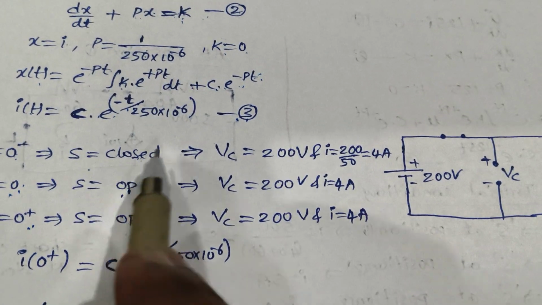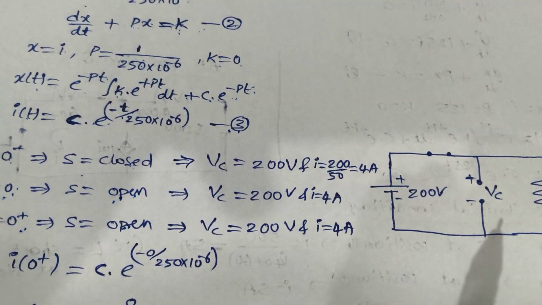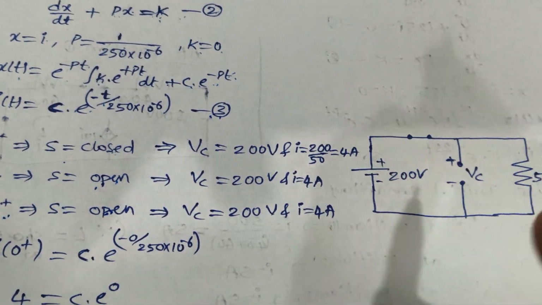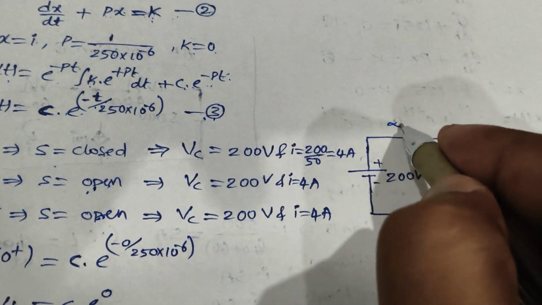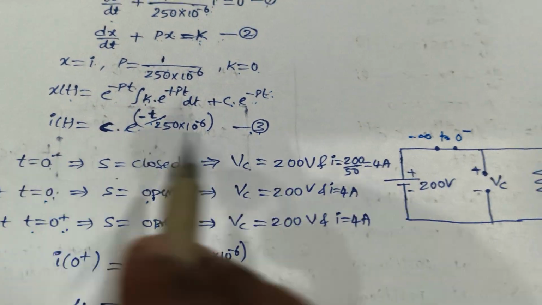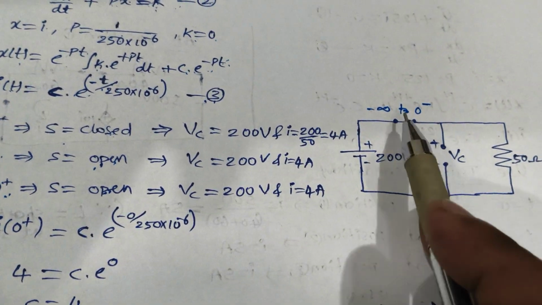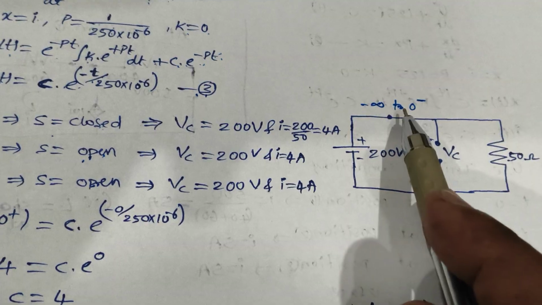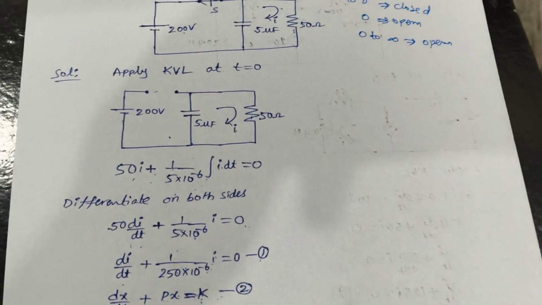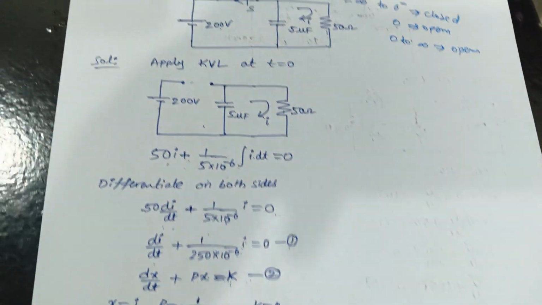For the capacitor, you need to find the capacitor voltage, because a capacitor does not allow a sudden change in voltage. When the switch is closed for a longer time, from minus infinity till 0 minus, that is steady state, the capacitor will act like an open circuit. In the same circuit diagram, the capacitor acts like an open circuit.